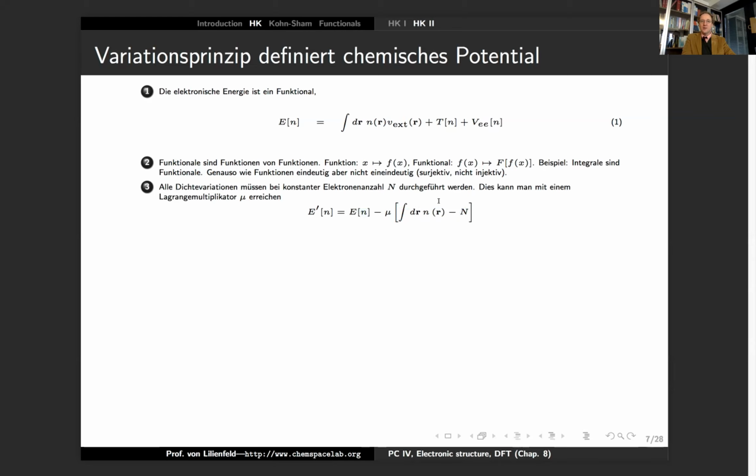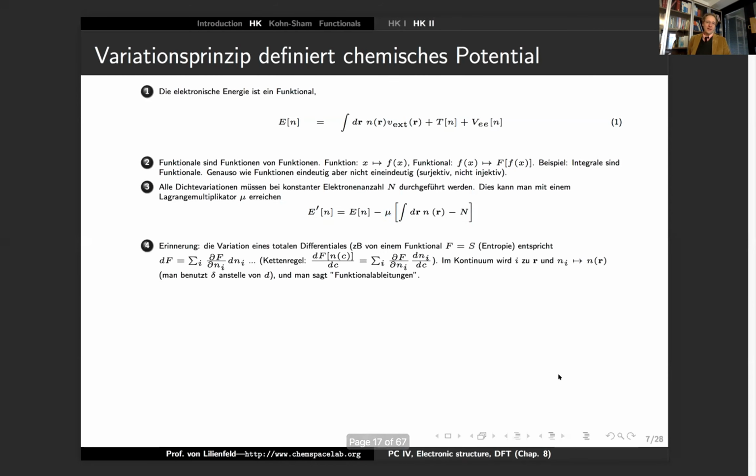When we integrate over the electron density, you should get the number of electrons, so that would be N minus N, which is 0. Now, if you vary your electron density, you still want this bracket to be 0, and that's why we write this here. In front of this bracket comes a factor which is known as the Lagrange multiplier. We will see in a second what this is.